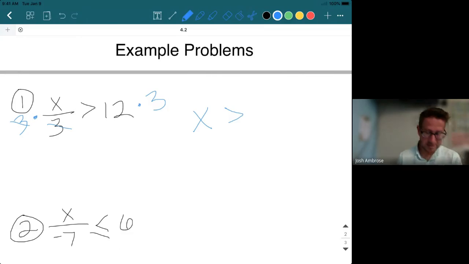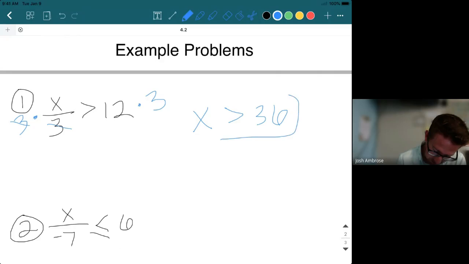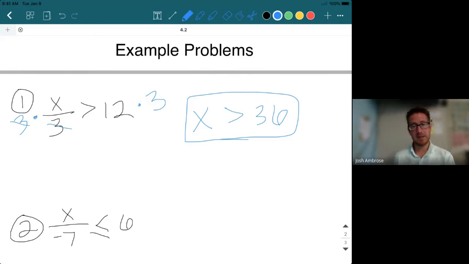The inequality sign stays the same. Why does it stay the same? Because the 3 that is with the x is a positive 3. So we don't change the inequality sign. Now 12 times 3, 36. Boom, done deal. That's the first example problem.